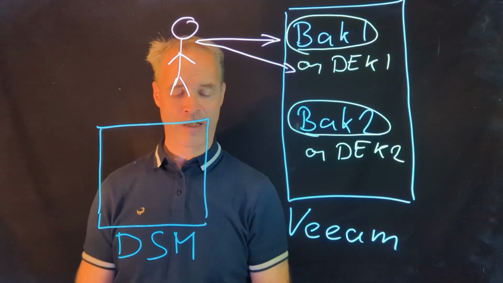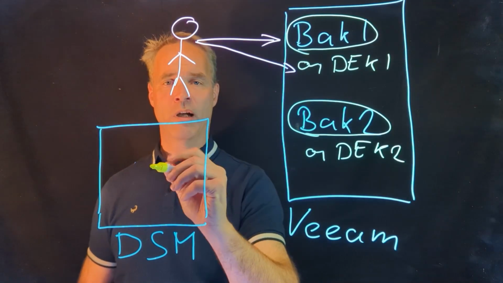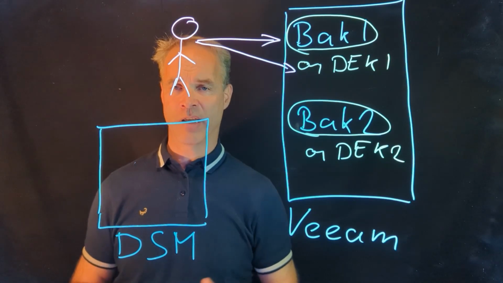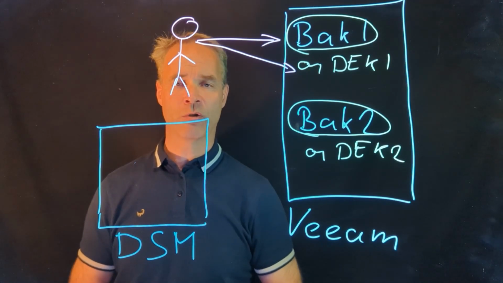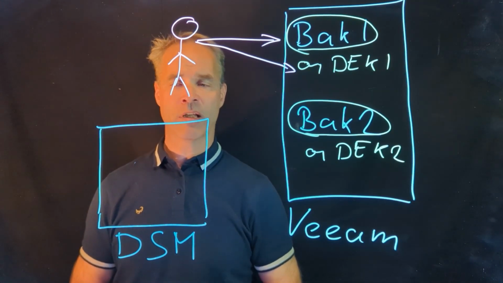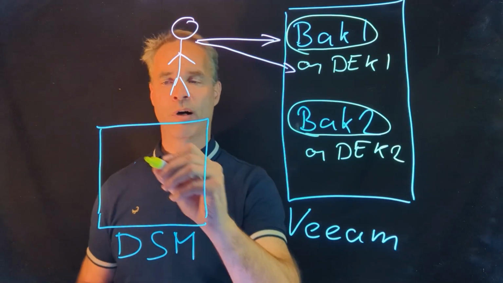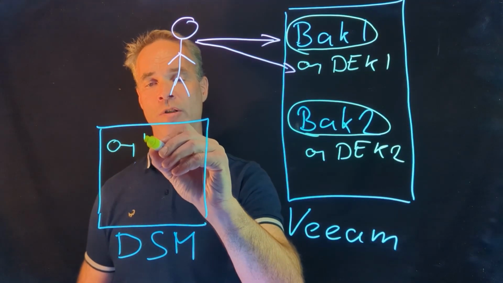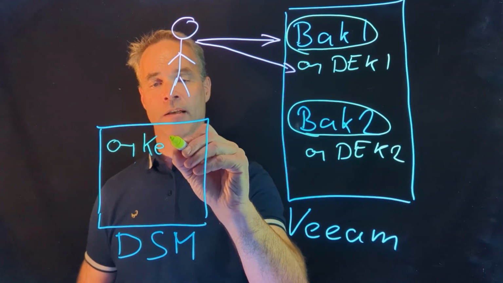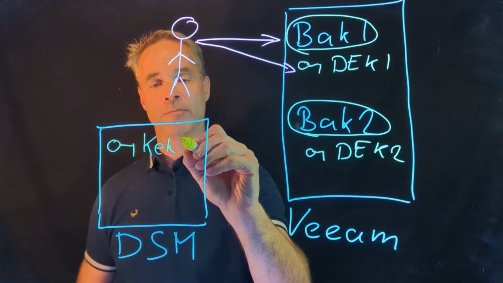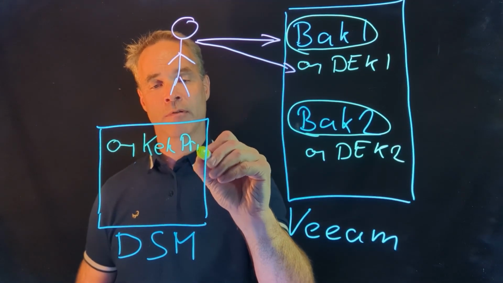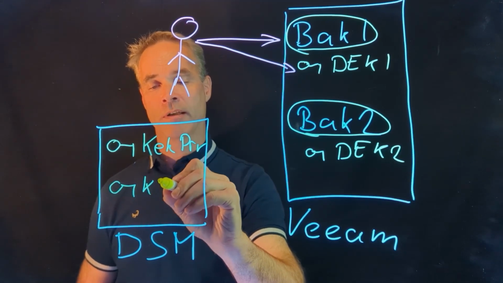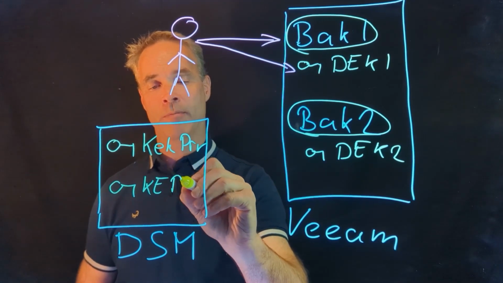And inside of Data Security Manager, we are going to generate a key encryption key. In this case, we are going to create an asymmetric key, which consists of two parts. So there's the first part, which is the KEK private, and then the second one is the KEK public.